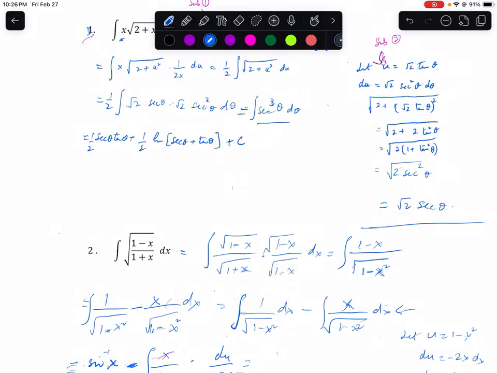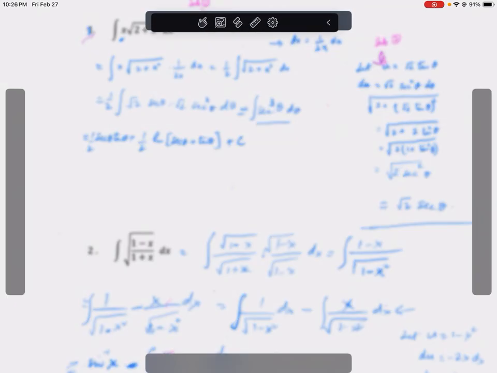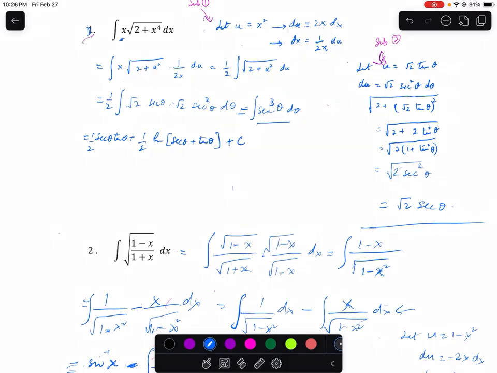Remember we did the substitution in 2 steps, so now we will have to go back in 2 steps. First we go from theta to u. So what is u? u is the square root of 2 times tangent theta. So tangent theta will be u over square root of 2.